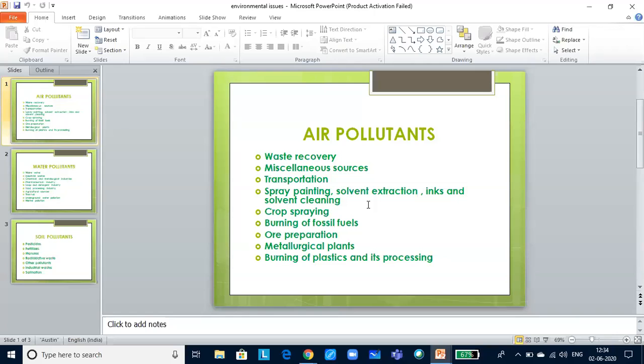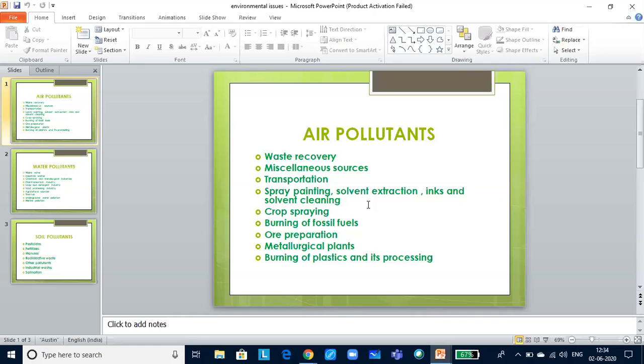Then transportation, that is, automobile combustion sources. They can release a lot of pollutants like aerosols, smoke, lead, and hydrocarbons and vapors. Other sources include spraying, extraction, ink and solvent cleaning, furniture and appliances, drying, crop spraying, burning of fossil fuels, ore preparation, metallurgical plants, and burning of plastics and its processing.